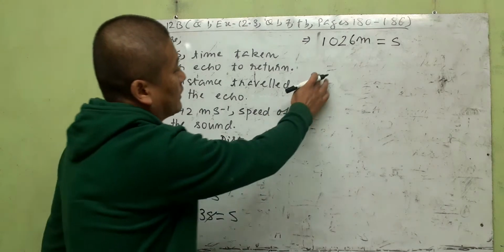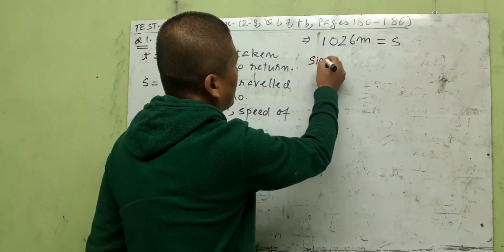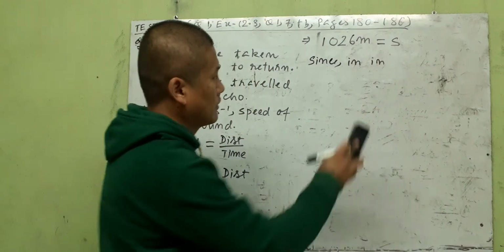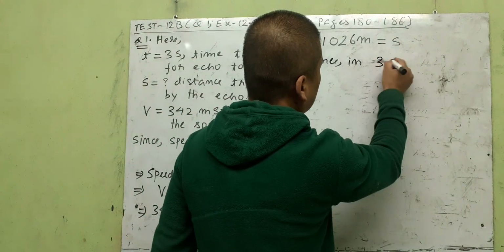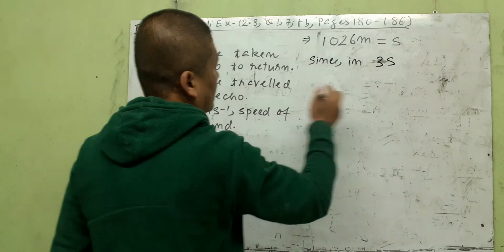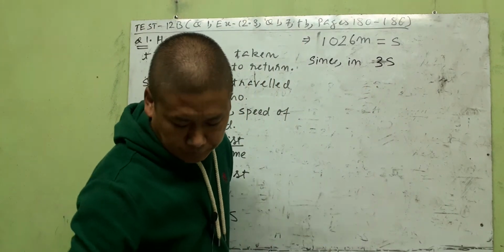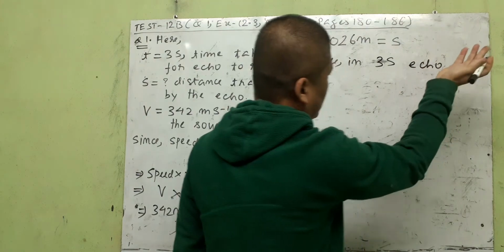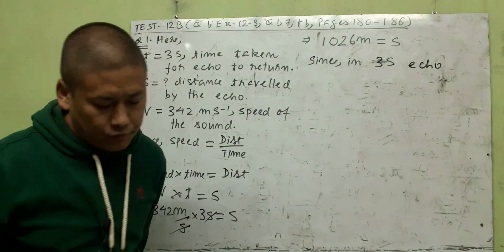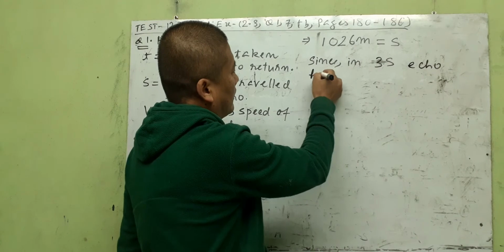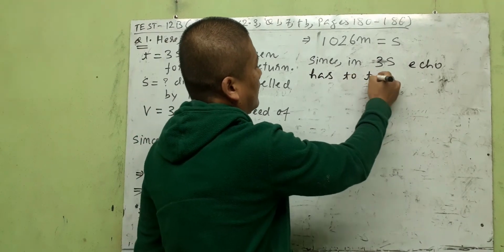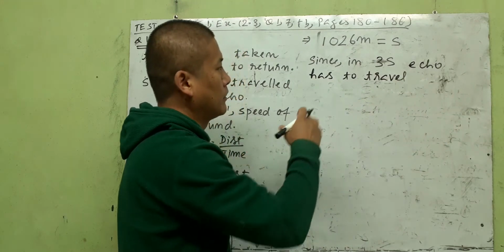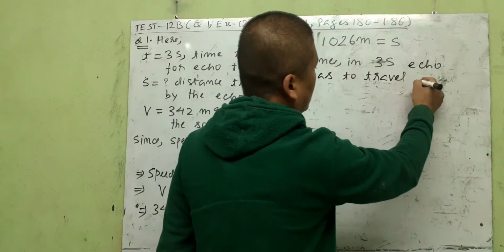Okay, now here we have to write something, since according to the question, in 3 seconds, the sound, the echo, has to travel twice. Every echo has to travel reflected back, because echo is the sound that has reflected back.